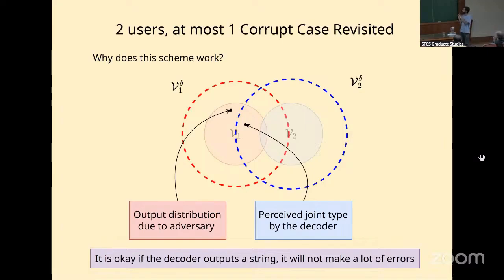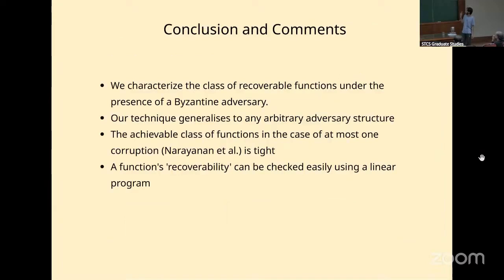Due to typicality noise, because the empirical distribution is not the same as the output distribution, it is quite possible that the distribution the decoder perceives is inside the intersection. Even if it was not supposed to output a string, it's okay if it does, since it doesn't incur a lot of error. That's the main idea that we use.